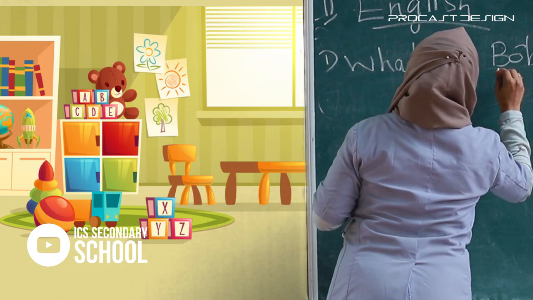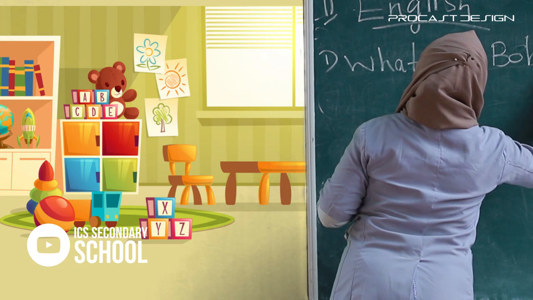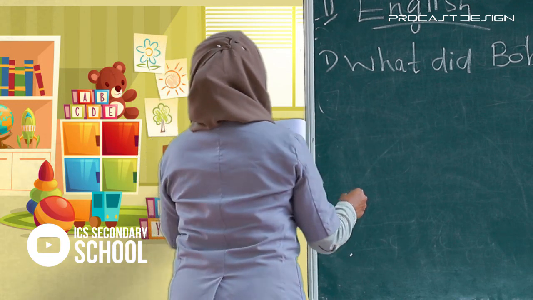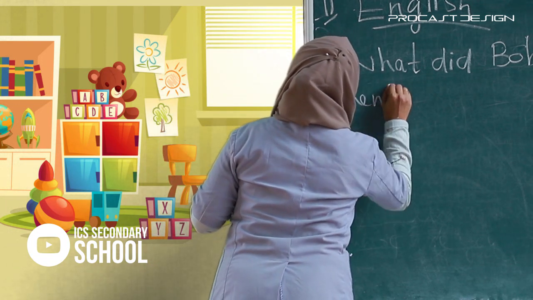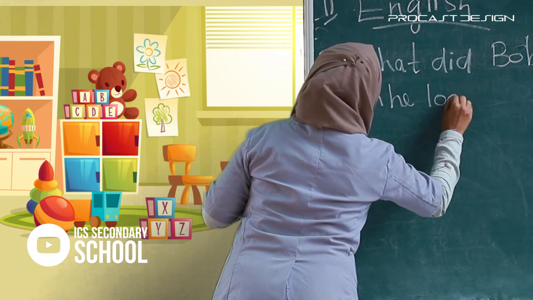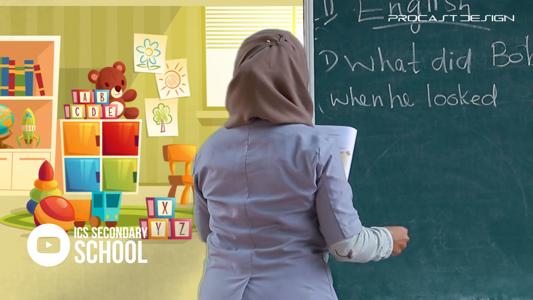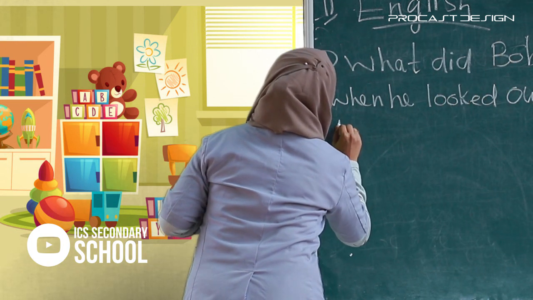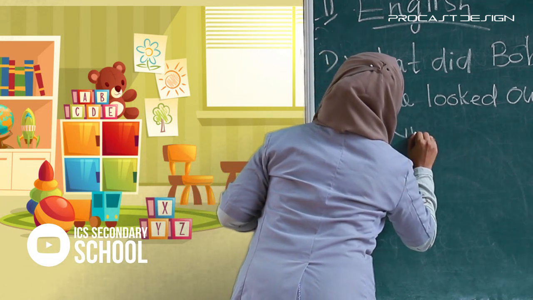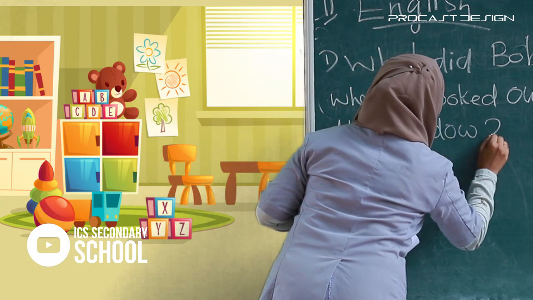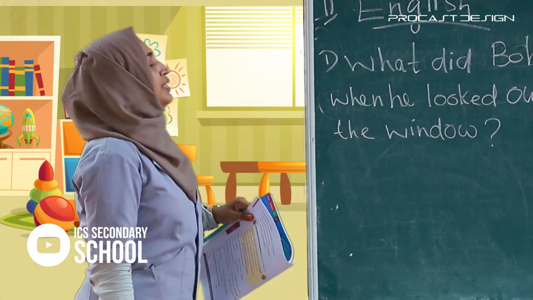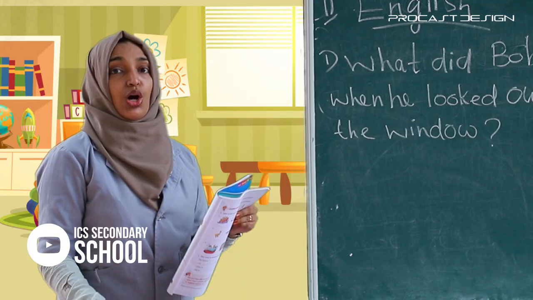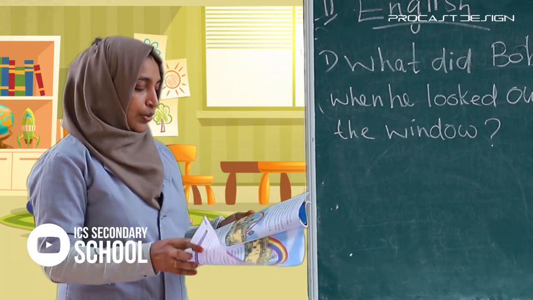Bob is a name, so use a capital letter B. What did Bob see when he looked out of the window? What did he see?